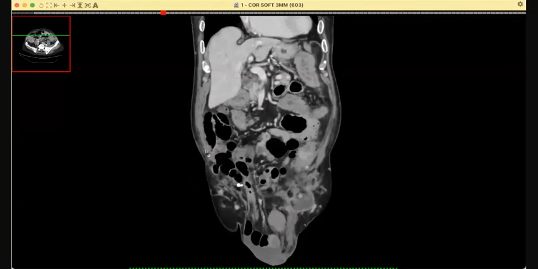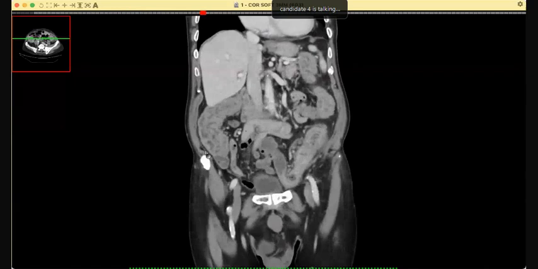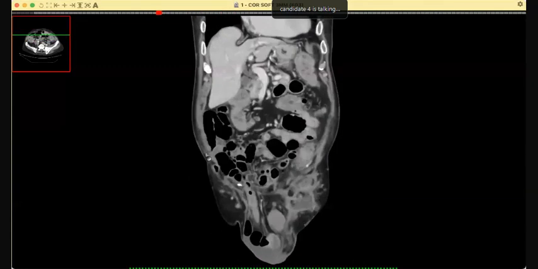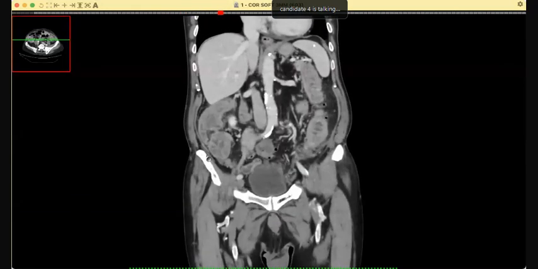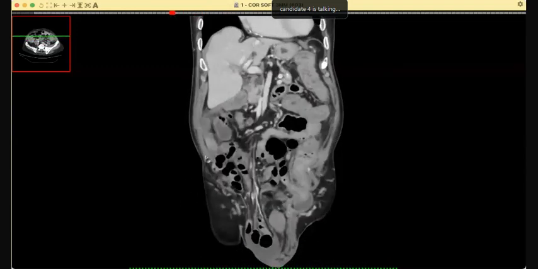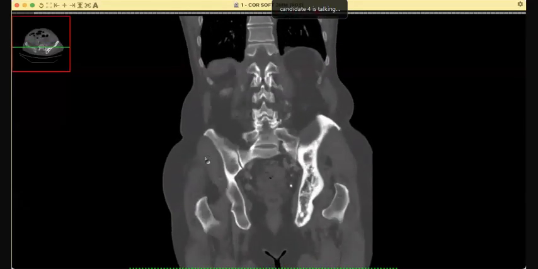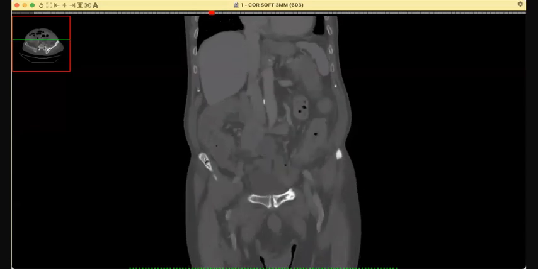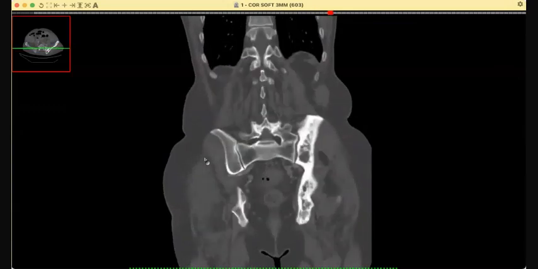Evidence of free fluid within the hernial sac. So this is a pantaloons hernia, which is causing obstruction, and associated with that there is inflammatory bowel disease involving the entire colon, so that would make this ulcerative colitis. So I would like to convey these findings to the referring clinician. The bilateral SI joints appear normal. The left hip shows significant sclerosis, and the contour of the head of the femur is maintained.